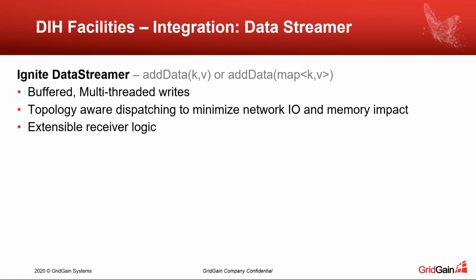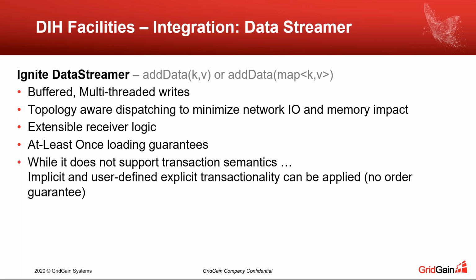It has extensible receiver logic, so when the data arrives on the node, it can do things to prepare the data for storage. It has at-least-once loading guarantees, so you know that the data will get at least once to your destination and be loaded.